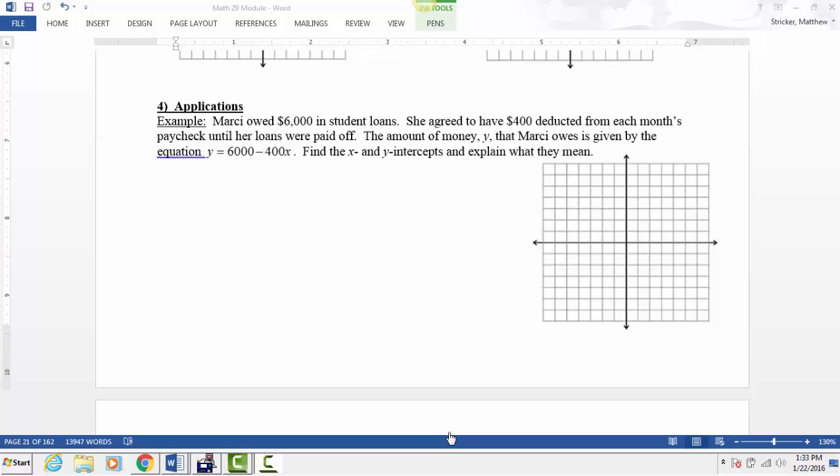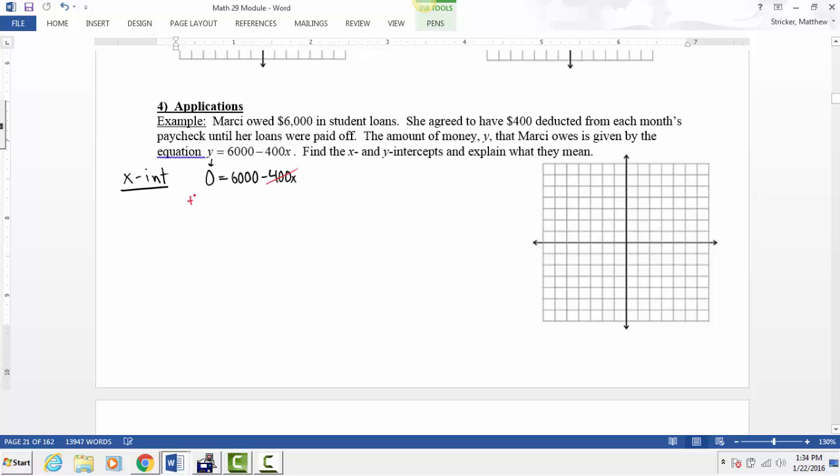So we just spent time finding intercepts, so let's go ahead and do that for this problem. If we want to find the x-intercept, what do we do? Do you remember? We let y equal 0, so we'll have 0 equals 6,000 minus 400x. Then we want to get the x's on one side and the numbers on the other, so we can move this to the other side.